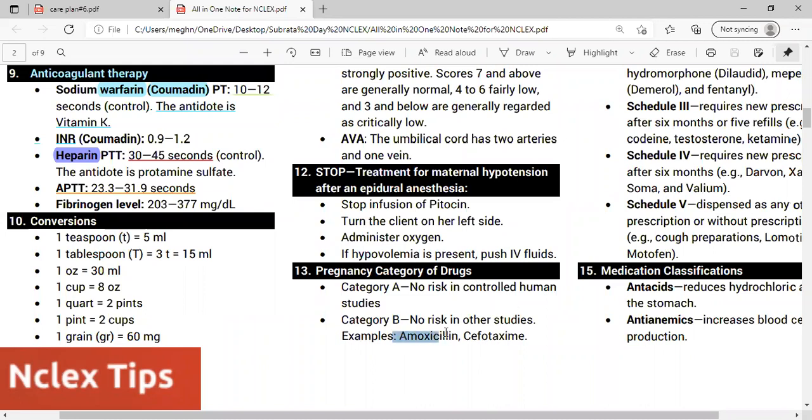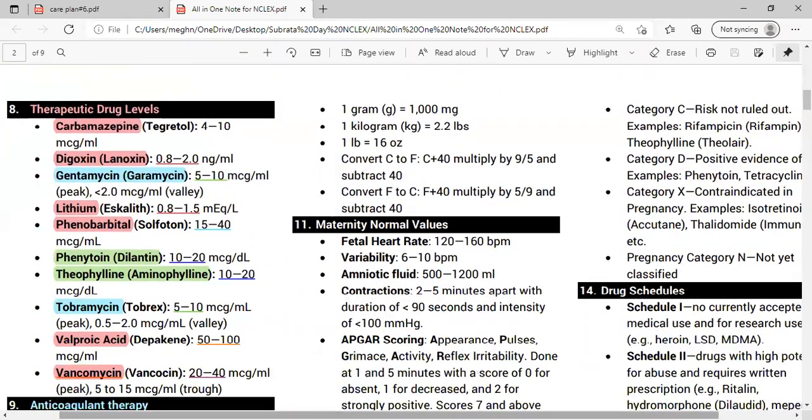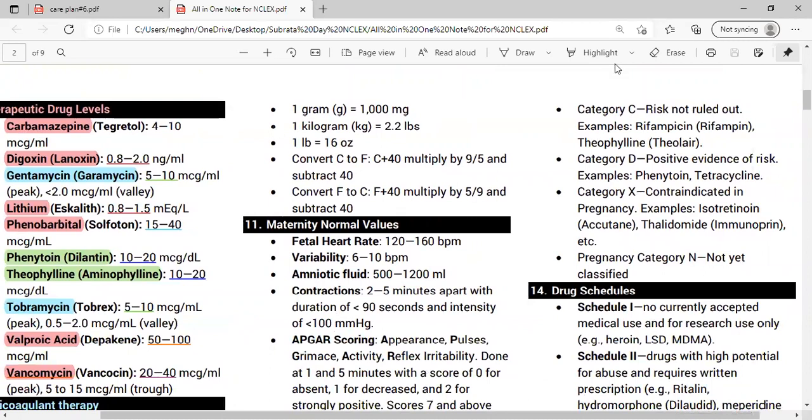Example, amoxicillin, cefotaxime, they are in category B. Whereas category C drugs, risks not ruled out. Example, rifampin is a TB medication, or theophylline for bronchial asthma, category C. And category D, positive evidence of risks, example, phenytoin.